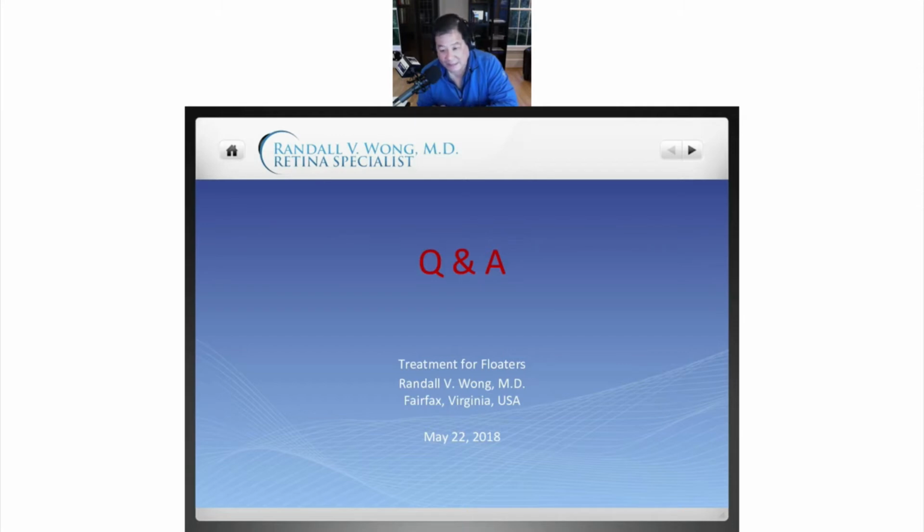It doesn't really matter, but if the corneal transplant helps your vision enough so you don't worry about the floaters, that's kind of a 2-for-1. But as far as the operating is concerned, as long as I have a clear view through that corneal transplant, I can do a vitrectomy.